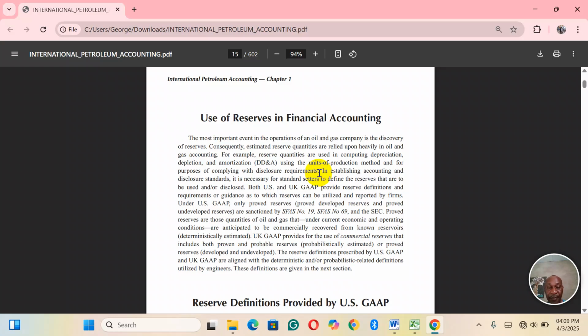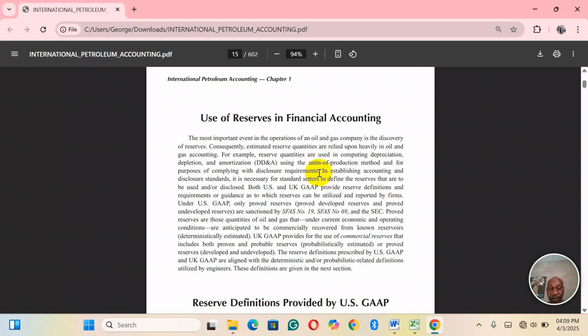Under US GAAP, only proved reserves, proved developed reserves, and proved undeveloped reserves are sanctioned by SFAS number 19, SFAS number 69, and SEC rules. Proved reserves are those quantities of oil and gas that, under current economic and operating conditions, are anticipated to be commercially recovered from known reserves, deterministically established.